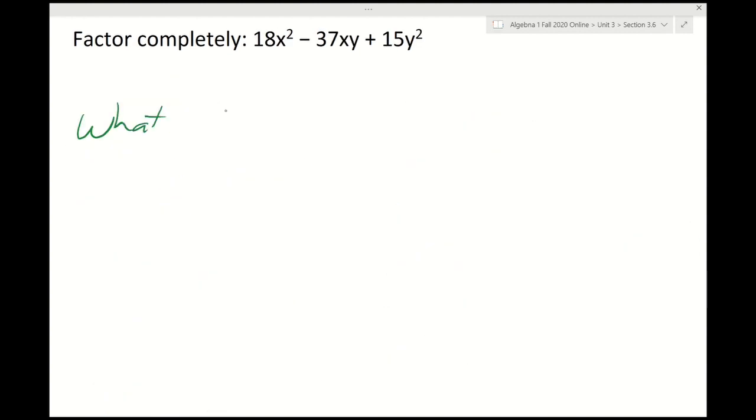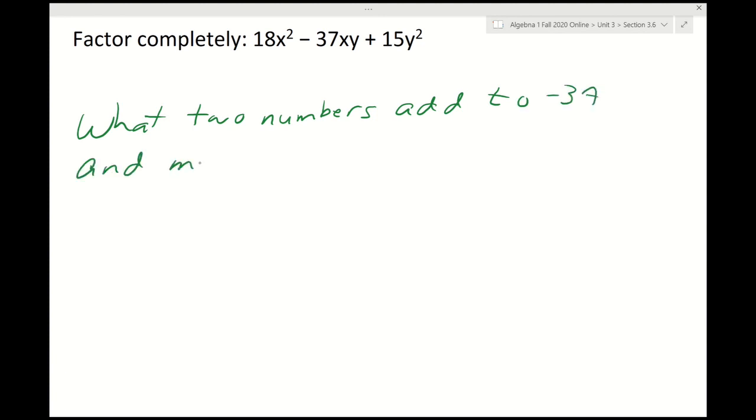What two numbers add to a negative 37 and multiply to 18 times 15, which is 270?